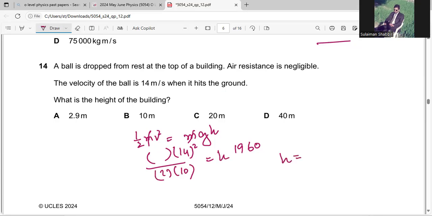So h is 196 over 20, which is approximately equal to 200 over 20, so I will get 10 meters. So option B is fine for it.